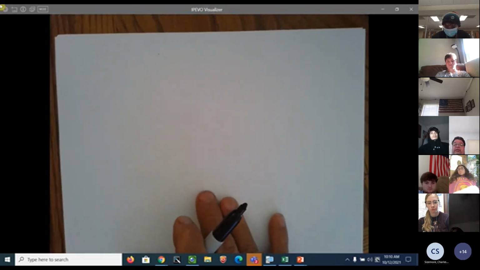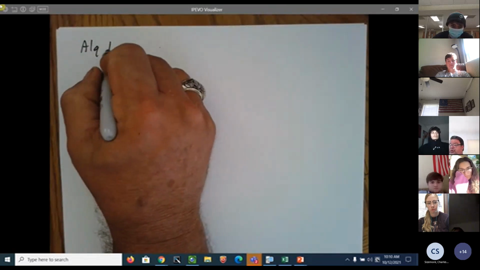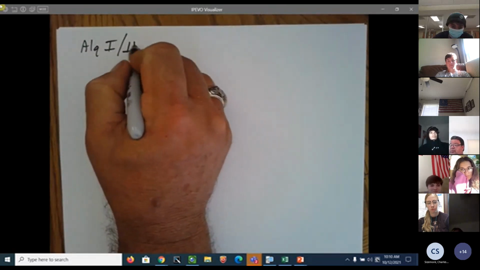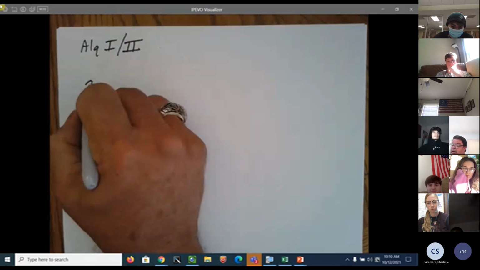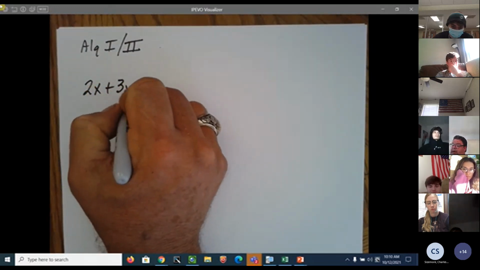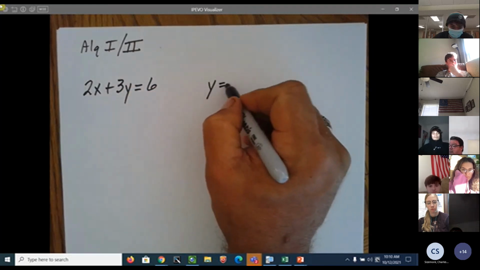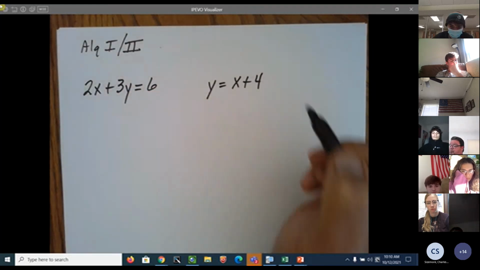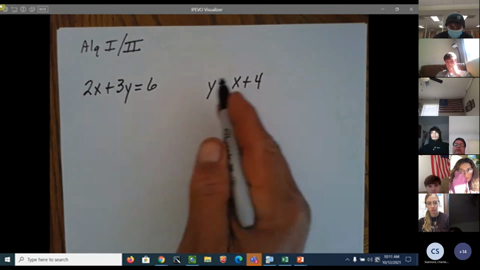Y'all remember doing something like this in Algebra 1 and Algebra 2? I don't think it would be in pre-algebra. 2x plus 3y is equal to 6, and y is equal to x plus 4. Does anybody remember what we did here when you had something like this?